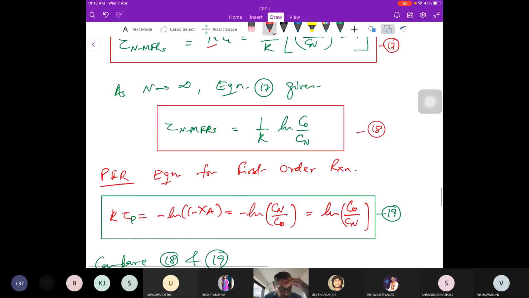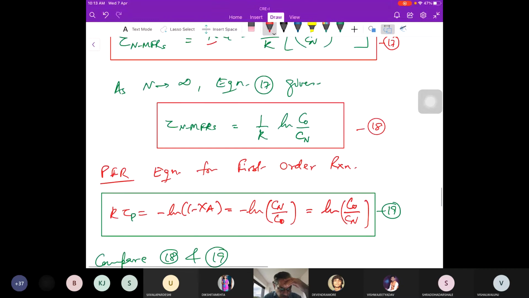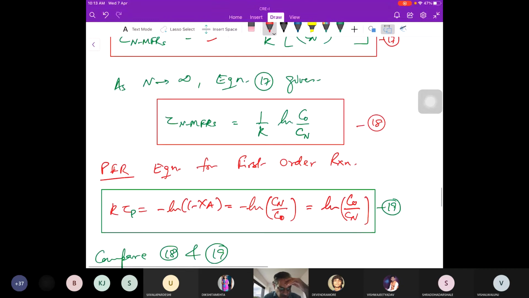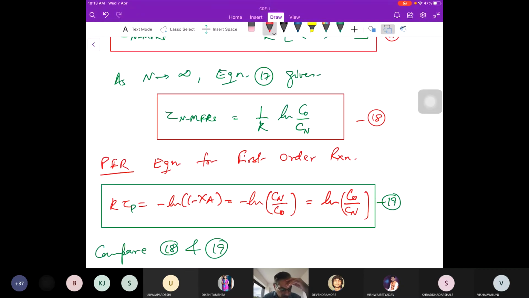Okay. So then if we compare with PFR, first order reaction, हमने first order लिया था starting में, right? So we have the equation for PFR: k tau is equal to minus ln 1 minus Xa, right? ये याद है आपको, right? For PFR first order reaction, k tau is equal to minus ln 1 minus Xa, and 1 minus Xa is nothing but Cn upon C naught.